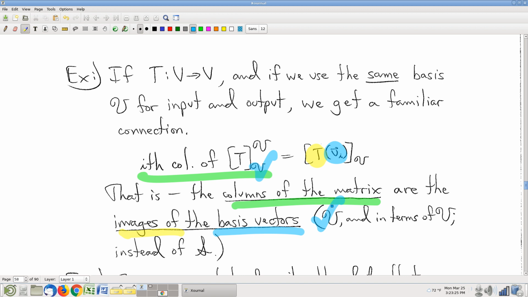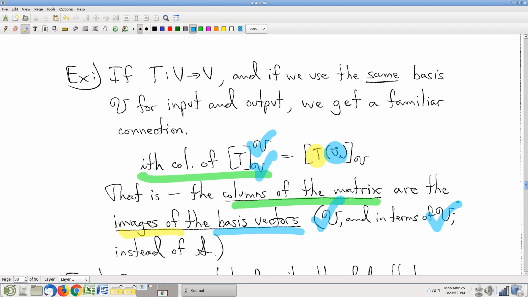Vectors are abstract things. Columns are arrays of numbers. Well, we write with respect to, of course, the output basis. Same basis, script V. So, really, this is kind of the same statement that we had in that special case, the sort of Euclidean special case from last time. It's just that now the columns are the images of your basis vectors, whichever basis you're using.